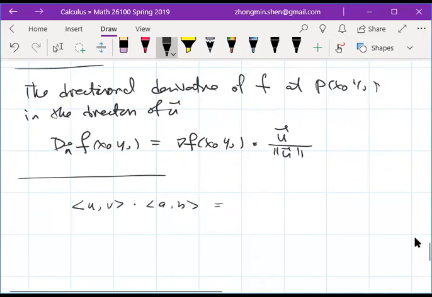This is actually the product of the lengths times cosine theta, where theta is the angle between them. So if you look at the absolute value of this, this is u and v, and this is a and b.